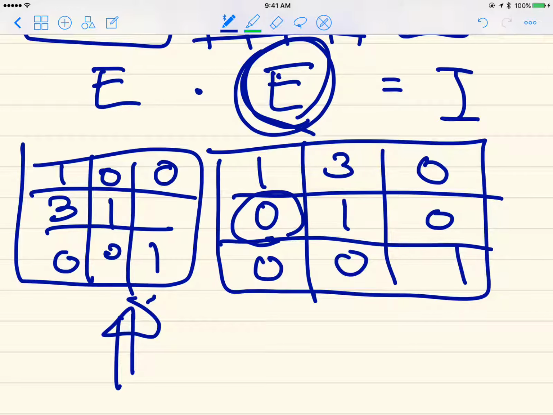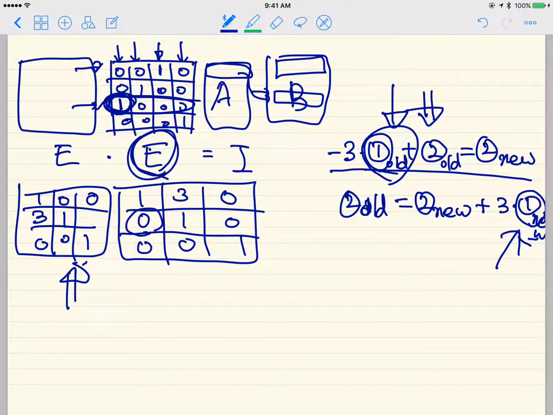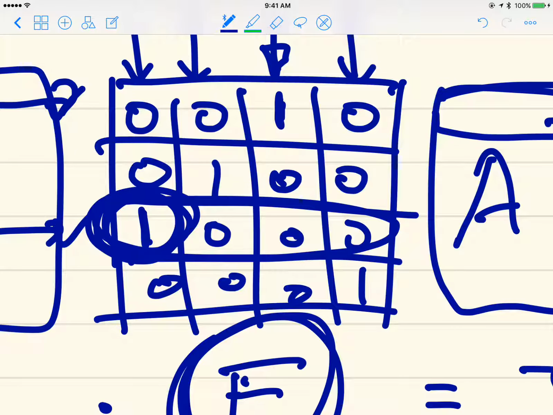But let's think about the last case, the interchange between rows. What was the example of it? Oh, this one. In this case, is it lower triangular or not? Are there any cases where this is lower triangular? If yes, can anyone give an example?